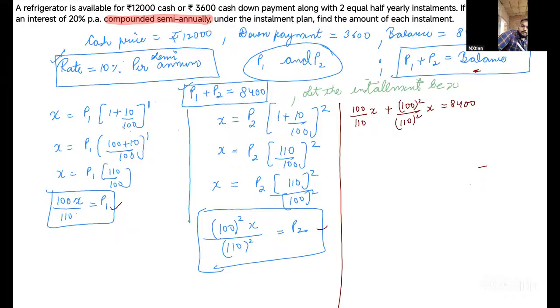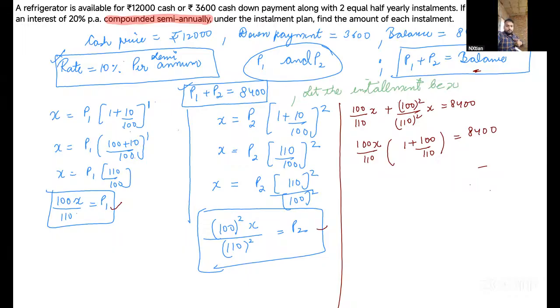Did you understand, guys, what I did? I just wrote the value of P1 and P2. Like P1 is this and P2 is this. And then I take out the common. Did you understand?